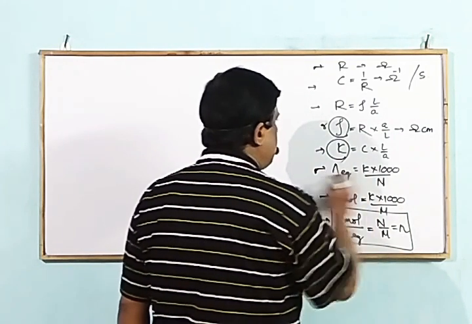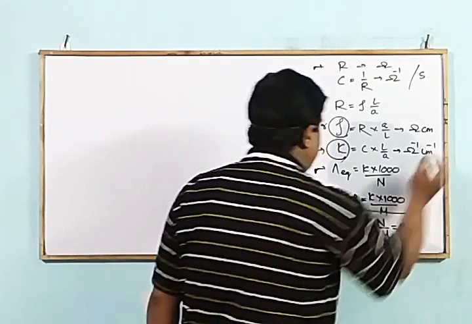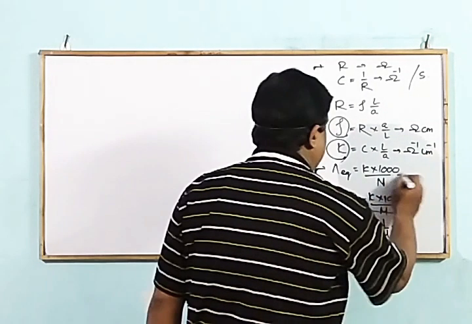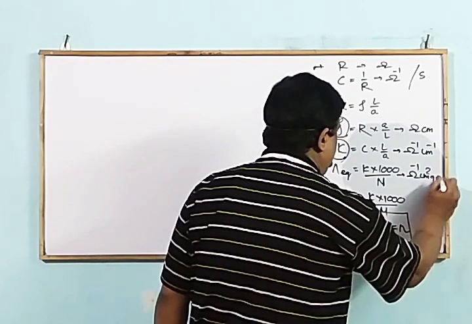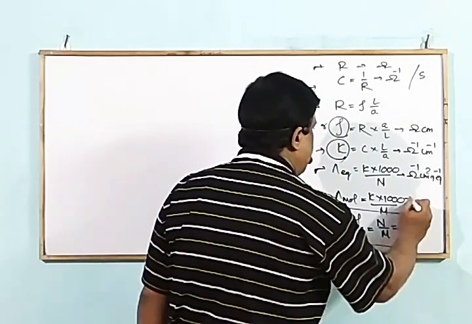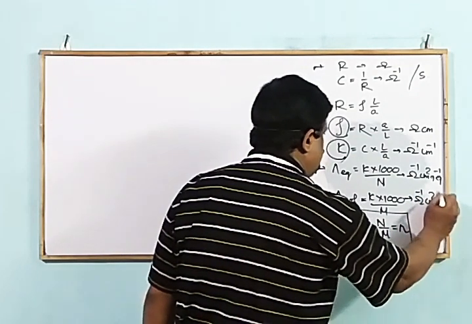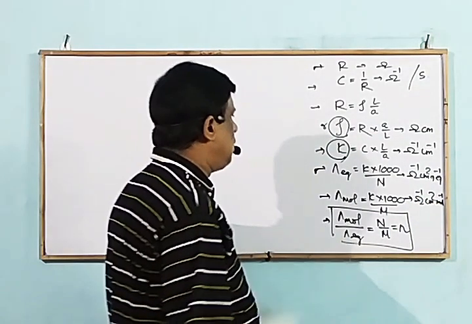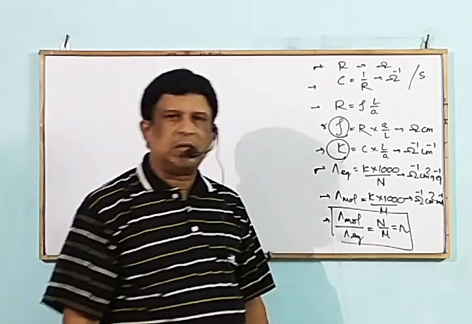Specific conductance is ohm inverse centimeter inverse. The equivalent conductance unit is ohm inverse cm square gram equivalent inverse. Molar conductance is ohm inverse cm square mole inverse. These are the units of the different mathematical expressions.